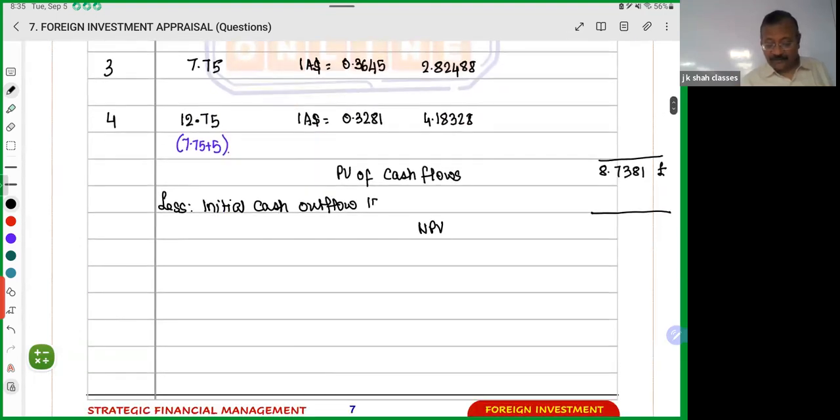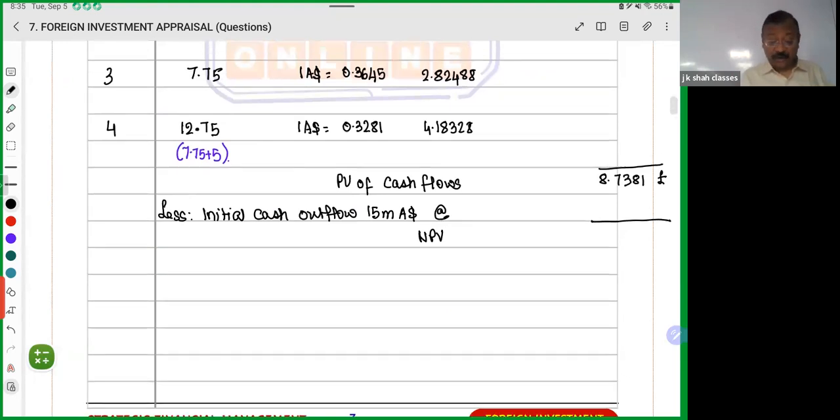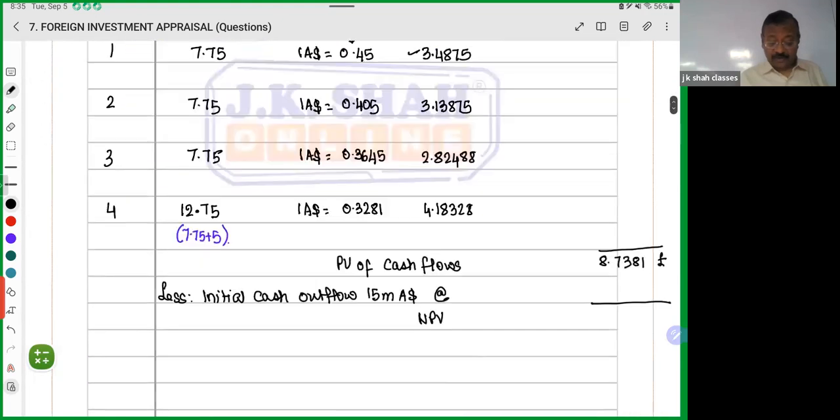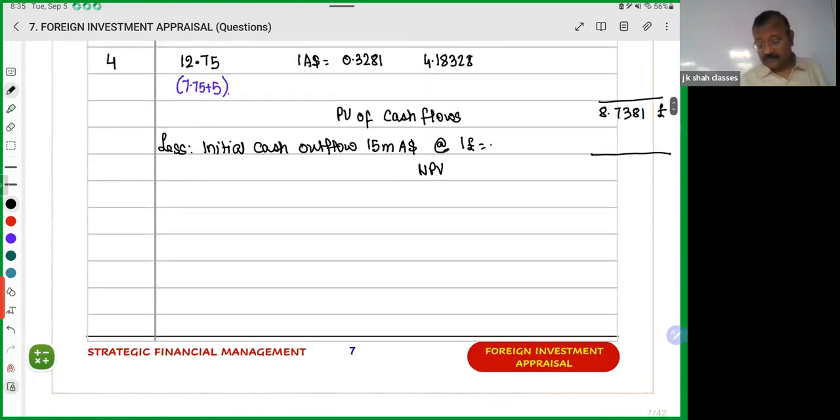Initial cash outflow 15 million Australian dollar at spot rate. £1 equals to 2 Australian dollar. £7.5. Therefore, NPV is 1.2381 pounds.